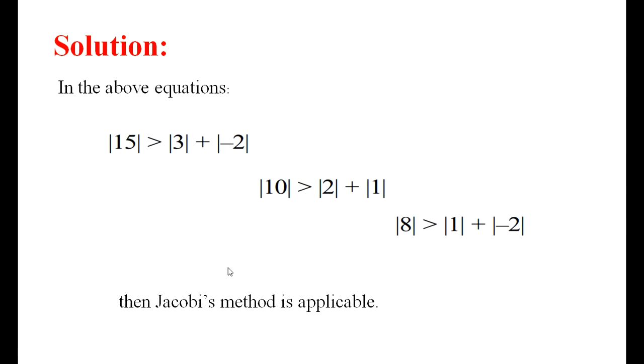In the above, we can check 15 is greater than the mod value of 3 and minus 2, 10 is greater than 2 plus 1, and 8 is greater than the mod value of 1 and minus 2. So that's why we can use the Jacobi iteration method here.